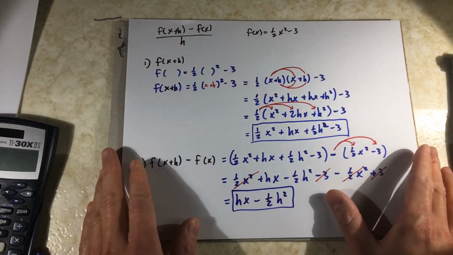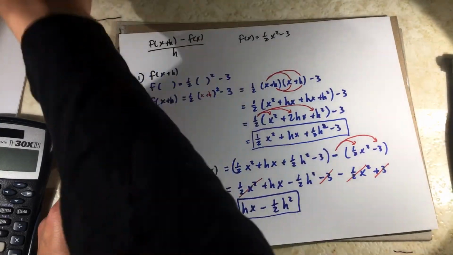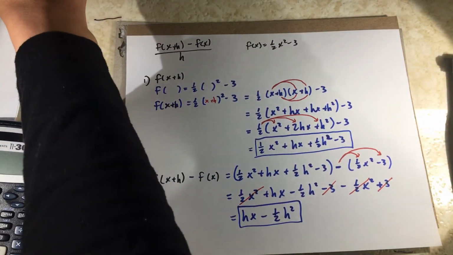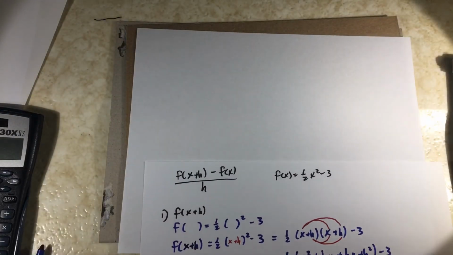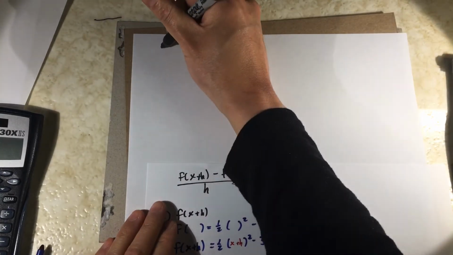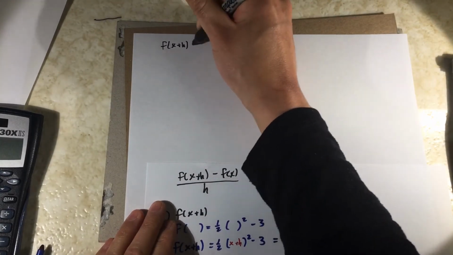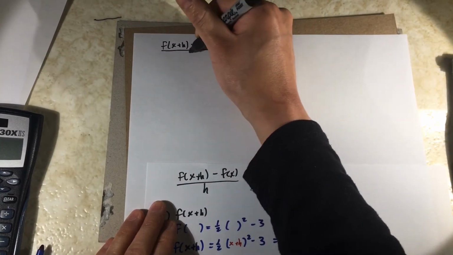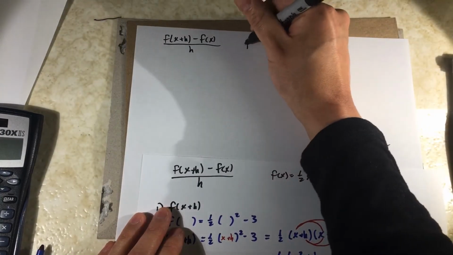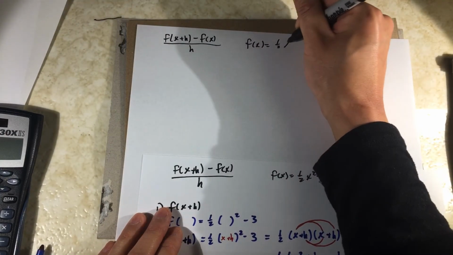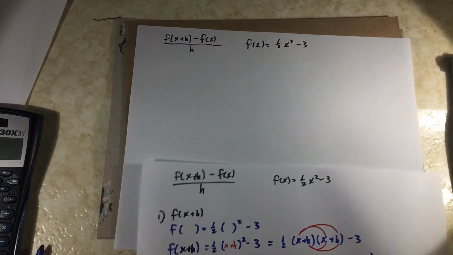So we're working our way up to this equation over here. Let me just write this equation again at the top: f of x plus h minus f of x over h, and f of x is equal to 1/2 x squared minus 3.